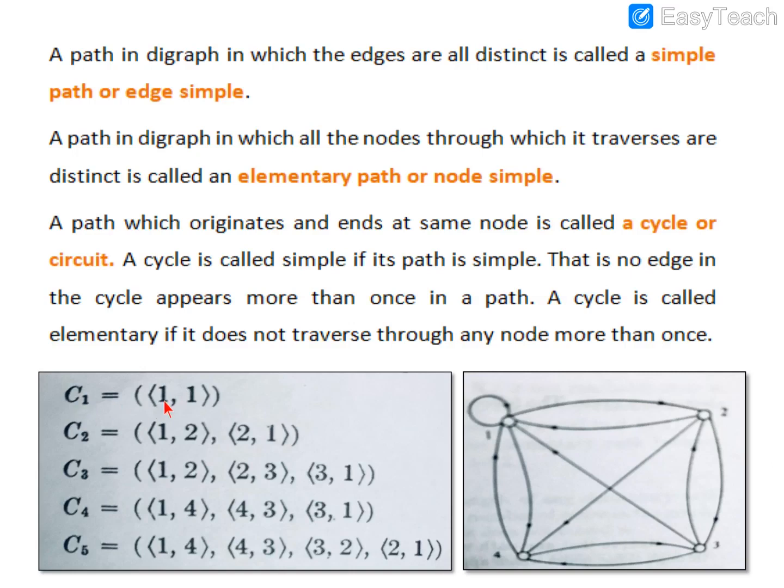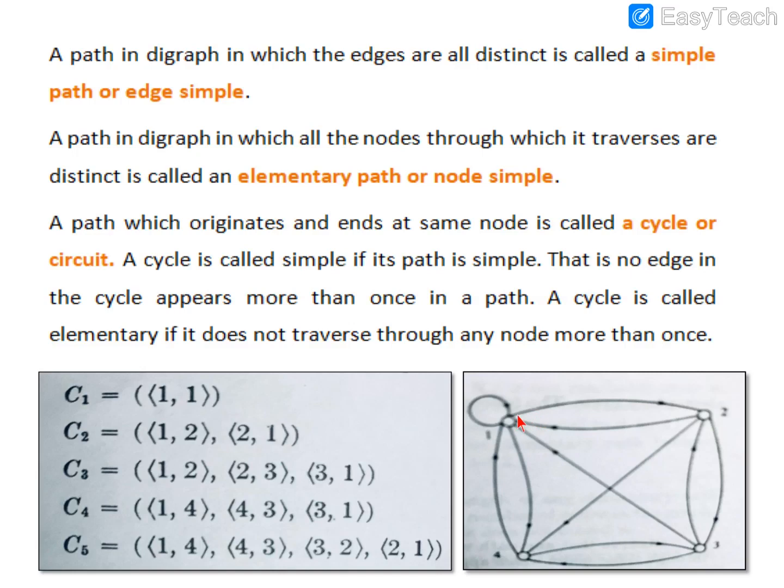So here different cycles are given. The first cycle is 1, 1. That means it starts from vertex 1 and ends at vertex 1 because of this loop. The second cycle C2 is 1, 2, 2, 1.